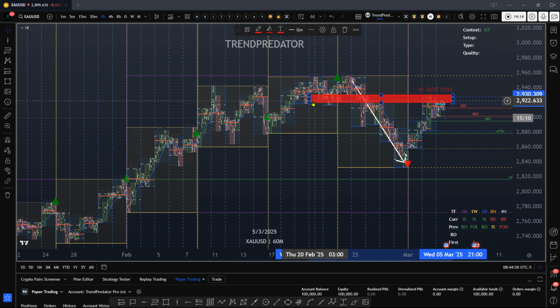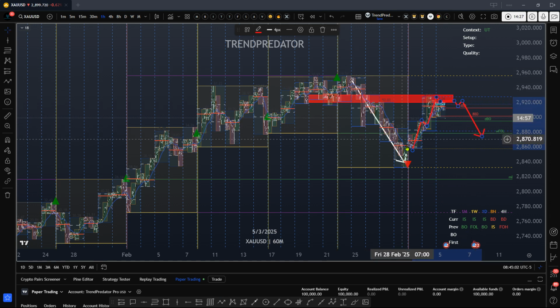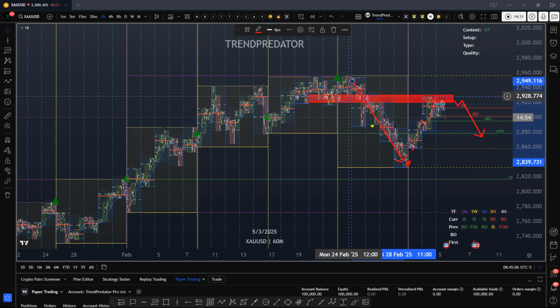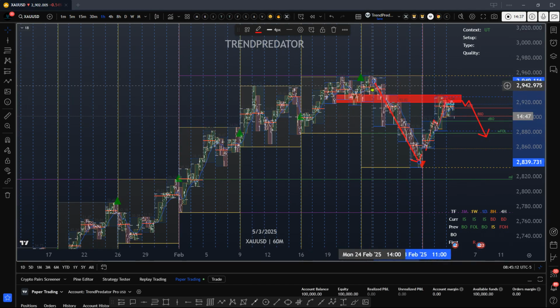So it wouldn't be surprising if we respect that breakout level and we get the 1, 2, 3 pullback and reversal in line with that red week to give us that template. So just something to bear in mind as we look at these charts.